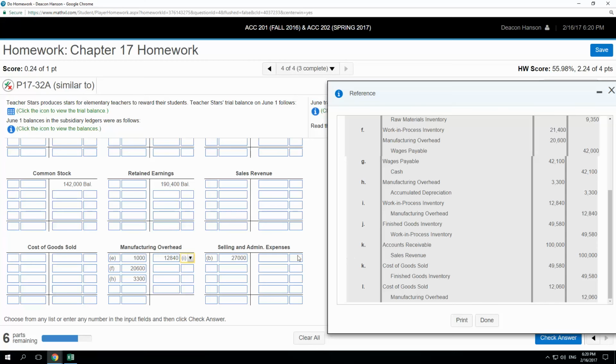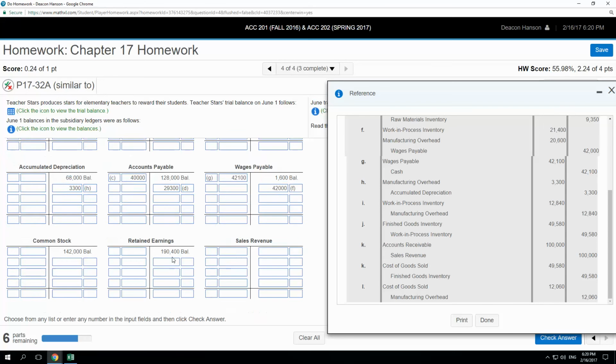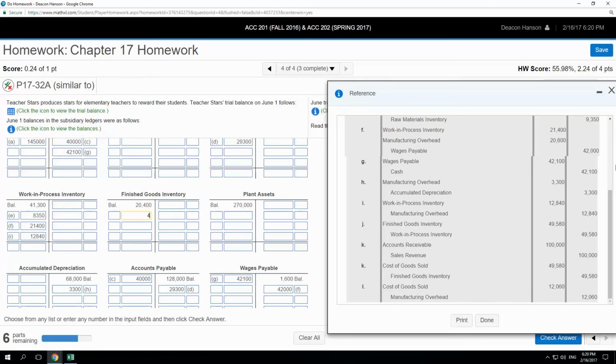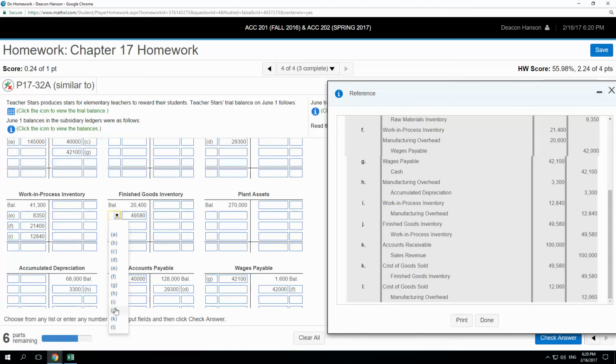J, I got a debit to finished goods of 49,580 and a credit to work in progress 49,580. Two more.